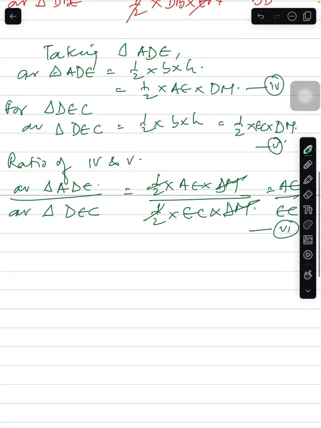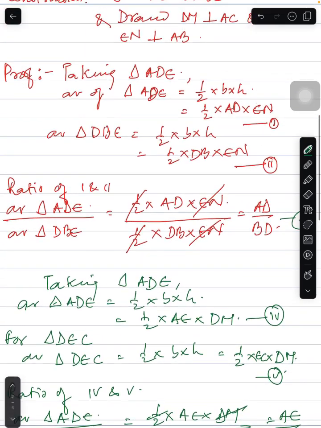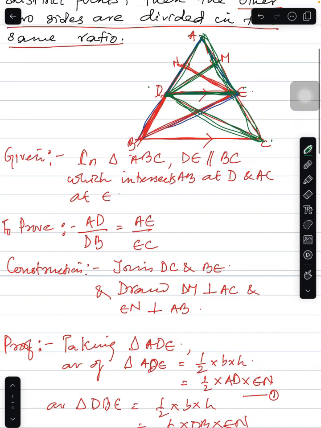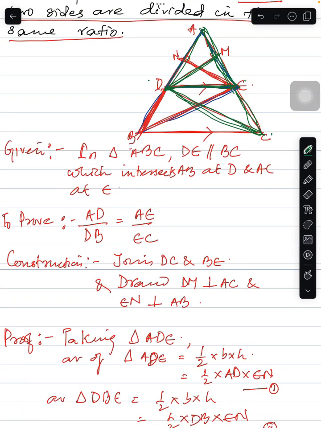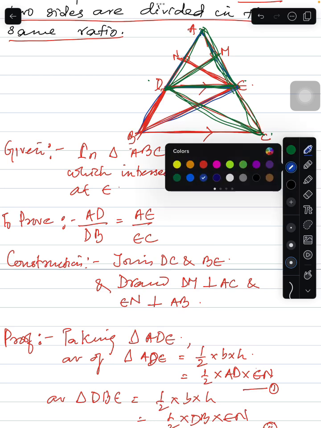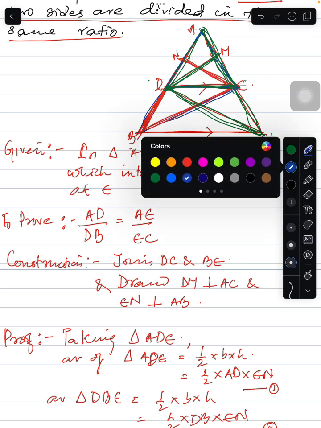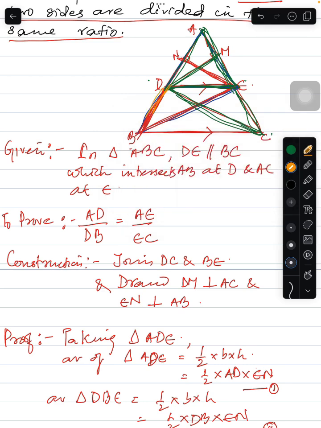Now what you will have to do is, I'll show you in this color. Now this triangle and this triangle.